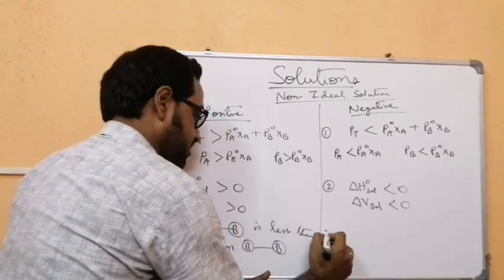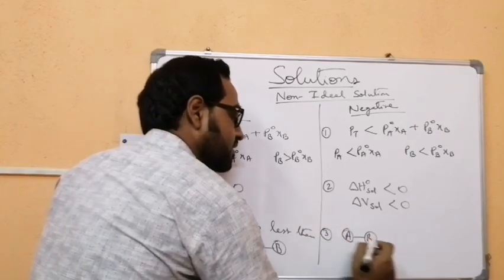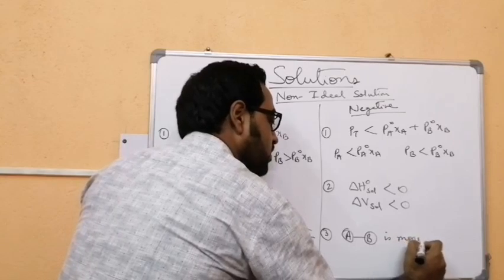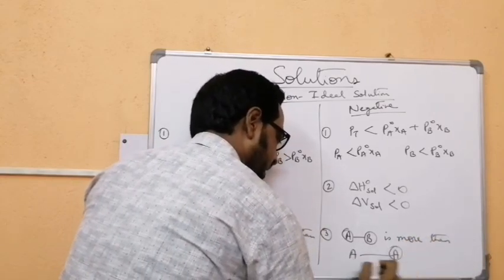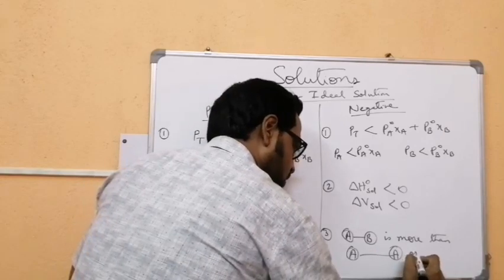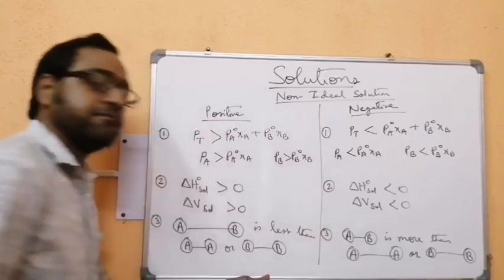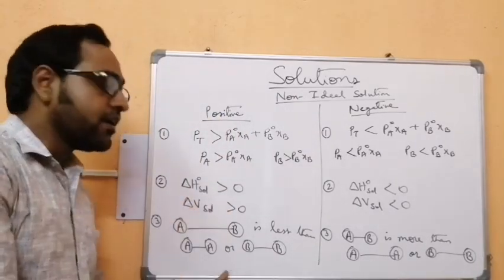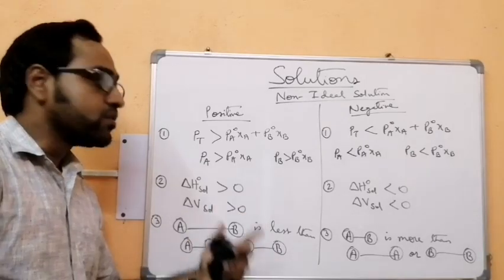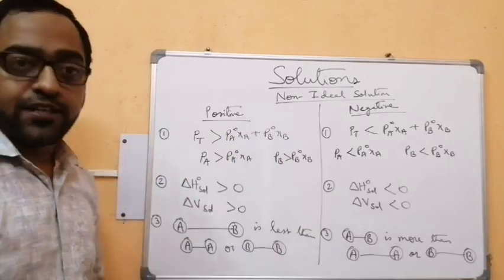Here, the AB interaction is more than the AA or BB interaction. Now we'll see the molecular level interaction, and next we'll move to the graphical presentation of positive and negative deviation.